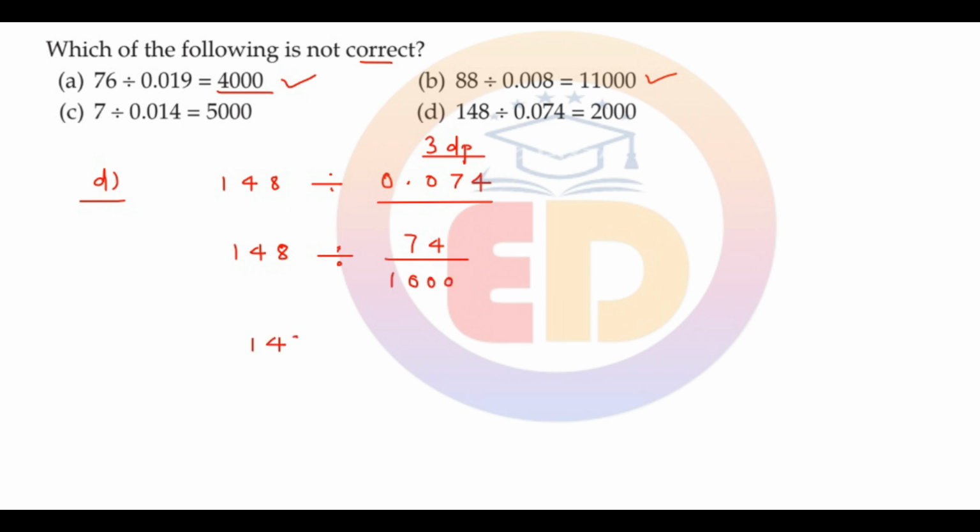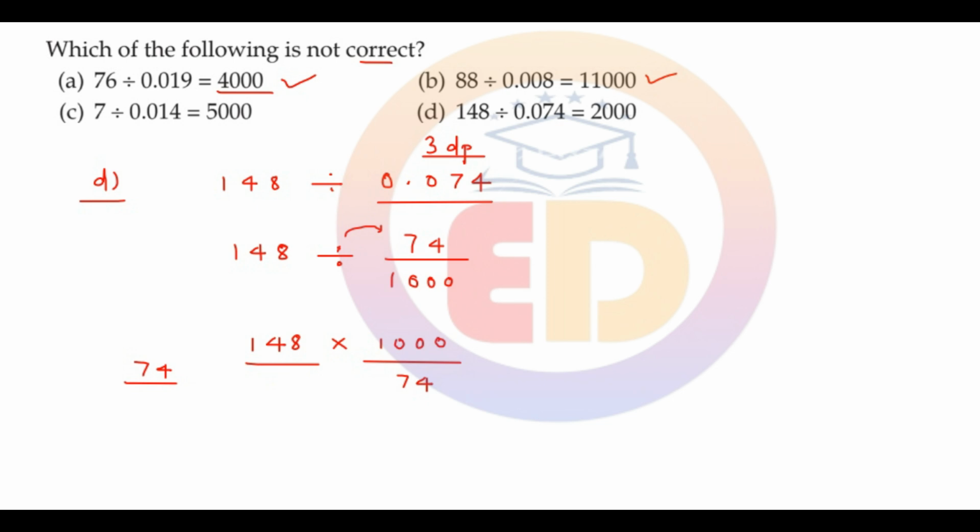Now this will become 148. Convert the division to multiplication, and the fraction after that will be reciprocal. It will be 1000 upon 74. Now 148 and 1000 are part of the numerator. 74 is the denominator. Now both 74 and 148 are divisible by 74 itself, or you can divide them by 2 also.